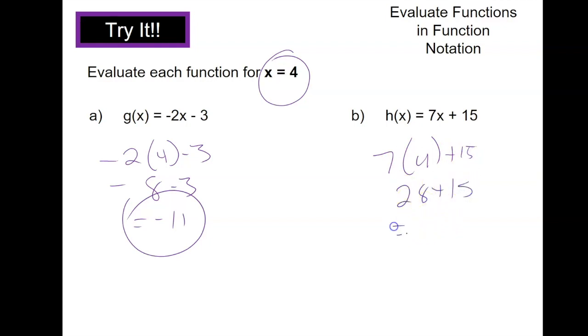Add those together, and we should actually put this function notation in here. g of x equals -11. h of x equals 43. Whoa. What happened? 43. Okay.